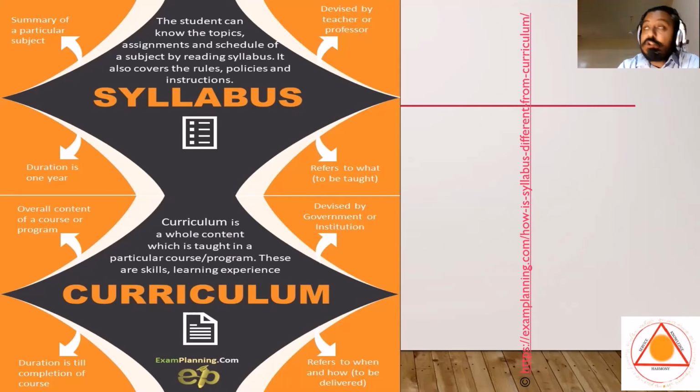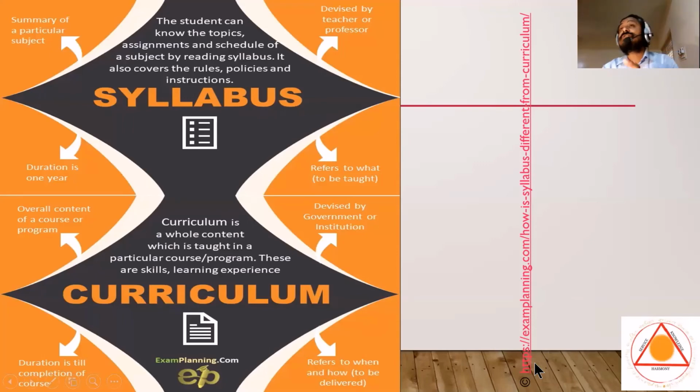For example, your ELL course for bachelor's or master's. And the curriculum aims to develop skills and learning experiences. So the overall content of the course or program can be called a curriculum. It is devised by the government or the institutes, and therefore it has its own specifications which can be learned.